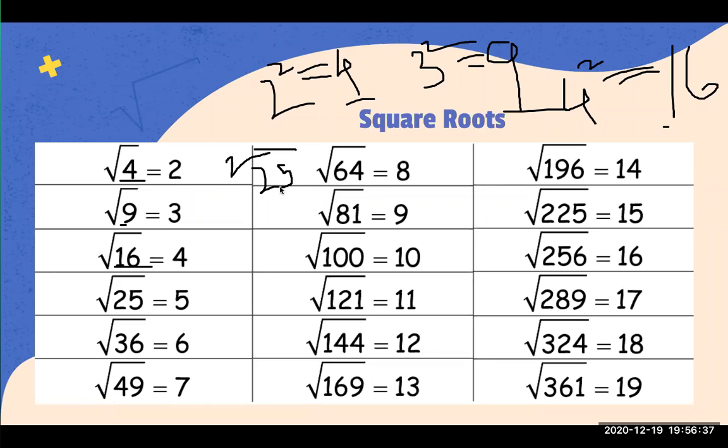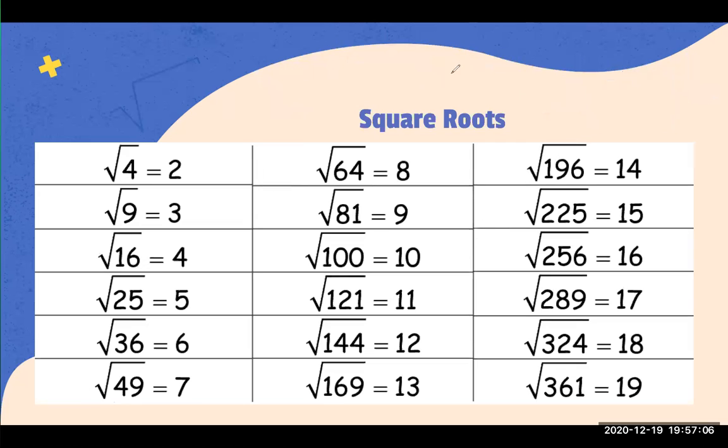What you're supposed to think of first is, this is a square root sign. It's really bad, but what you're supposed to think of first is what multiplied by itself equals this number. That's basically how you should approach this. So 5 times 5 is 25, and 5 times 5 is 5 squared, or 5 to the power of 2, right?